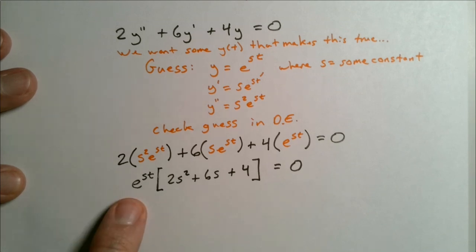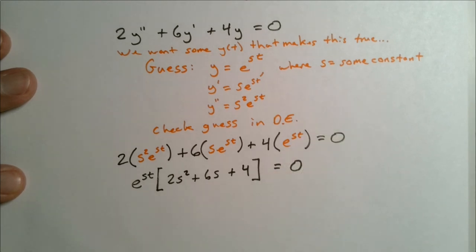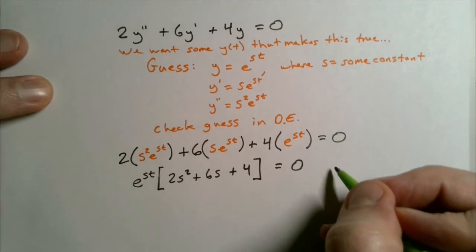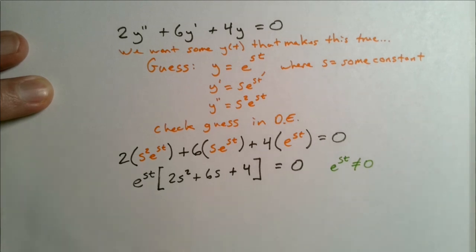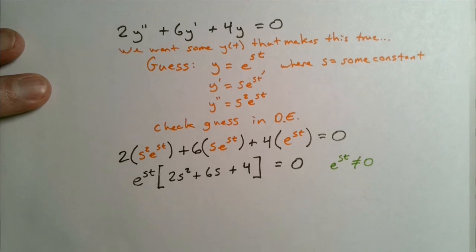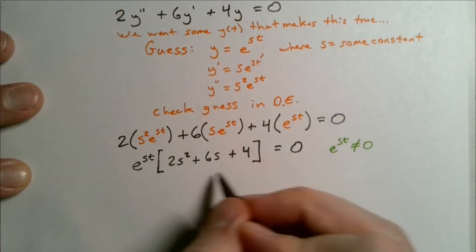But interestingly here, e to the st, for any constant value of s, can't actually equal 0. Just as a side note, e to the st can't equal 0. So you're not going to get a solution from that factor being 0. The only solution that's possible is coming from this polynomial.